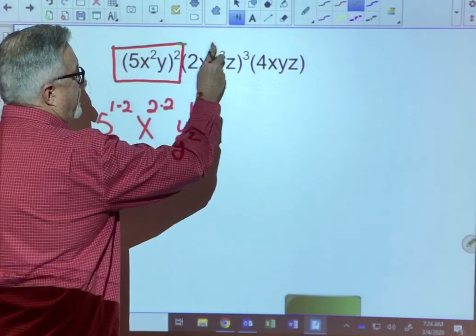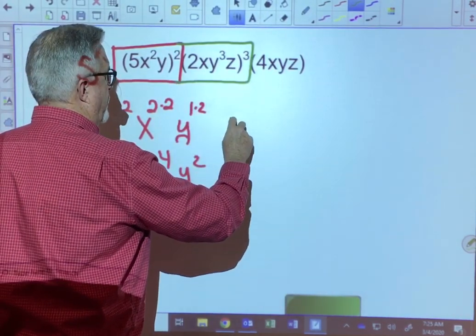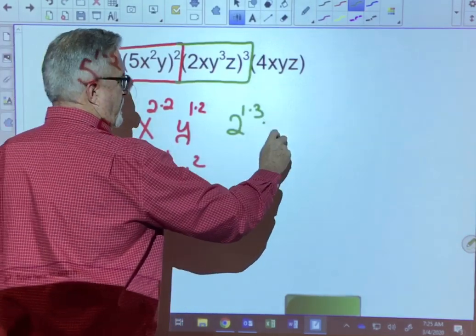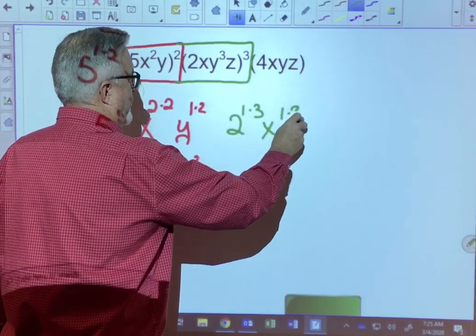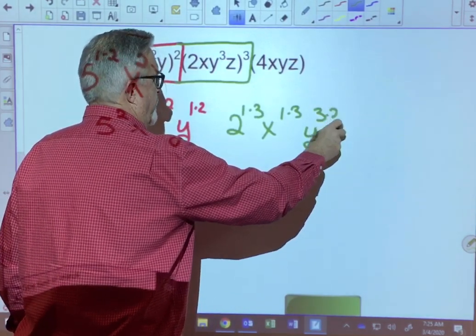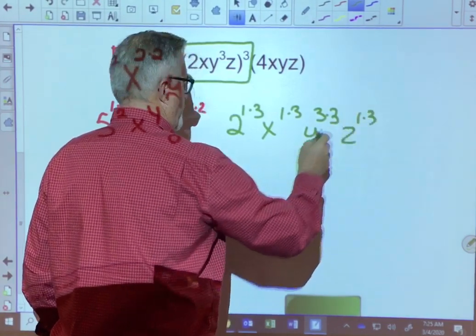Let's go ahead and take care of this power of a power. On this one, we're going to have 2 to the first power raised to the third, x to the first power raised to the third, y to the third power raised to the third, and z to the first power raised to the third.